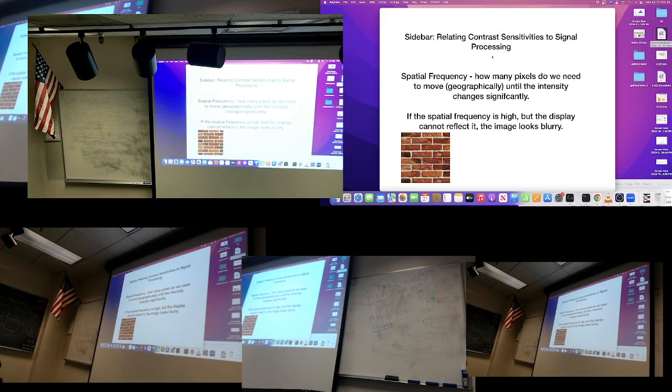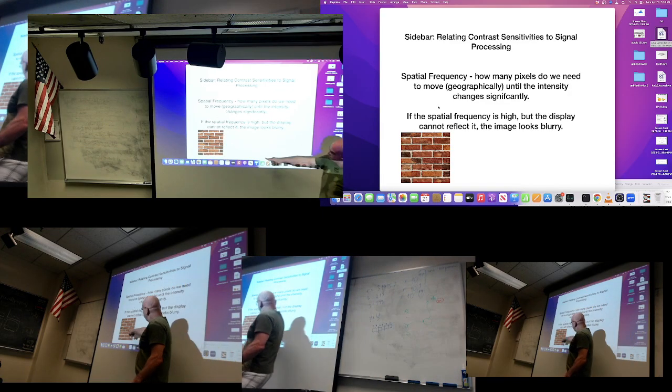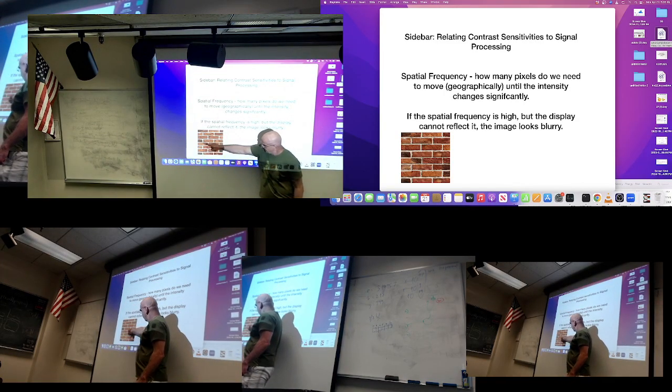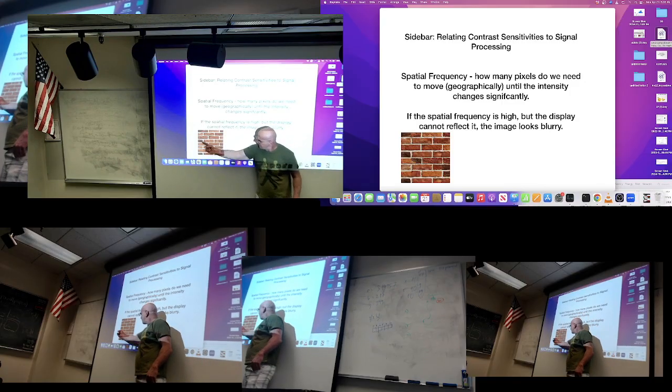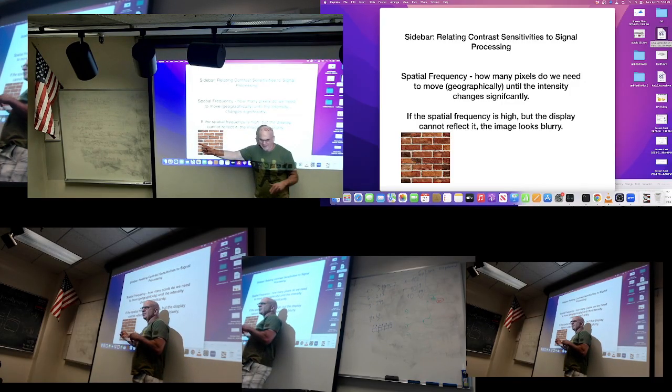Okay, let's try to define what we are trying to preserve with all these terms. Before we see more examples, we like the term of spatial frequency. How many pixels do we need to move starting from pixel 1, 2, 3, 4, 5, moving from left to right, 1 pixel, 2 pixels, 3 pixels, and the spatial frequency is how many values do I see?